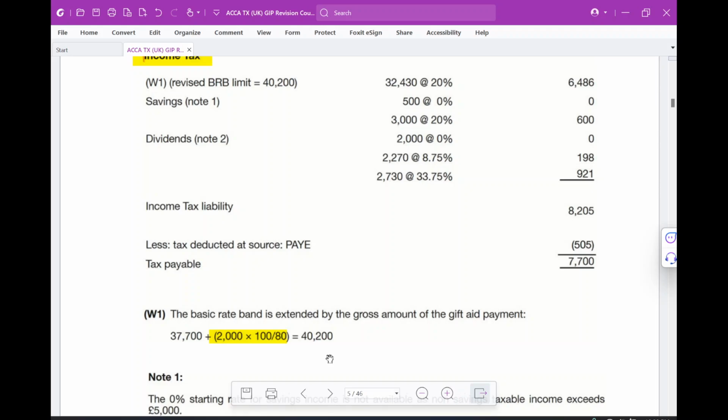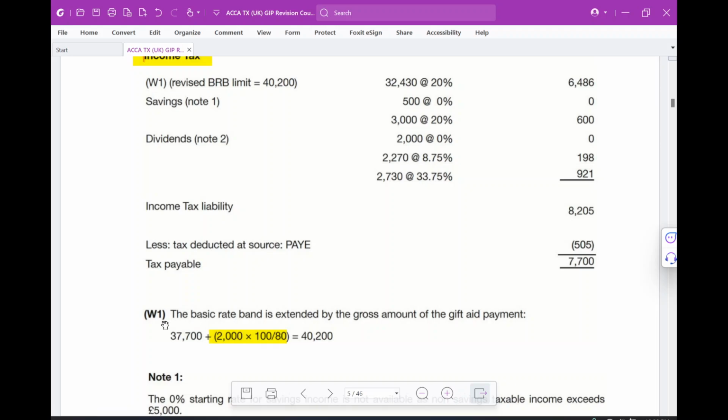So what has been the impact of making this charitable payment for Kate? Well, it's been twofold. In the first instance, when she made the payment, in effect, she made a payment of 2,500, but only had to physically pay out 2,000. The other side of it is the relevance of grossing it up and adding to her basic rate band.